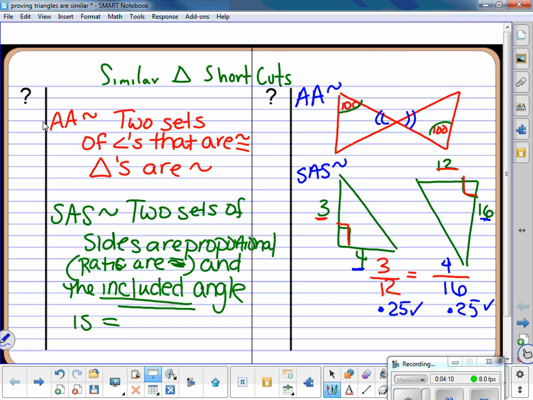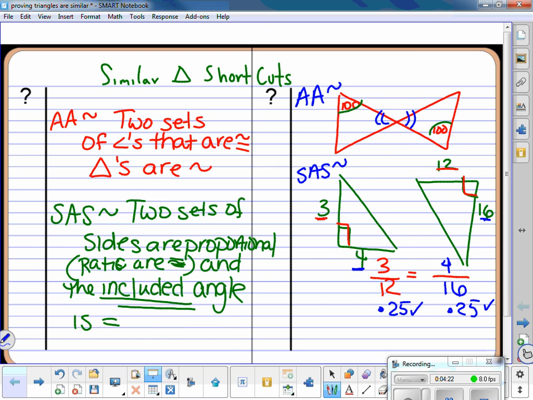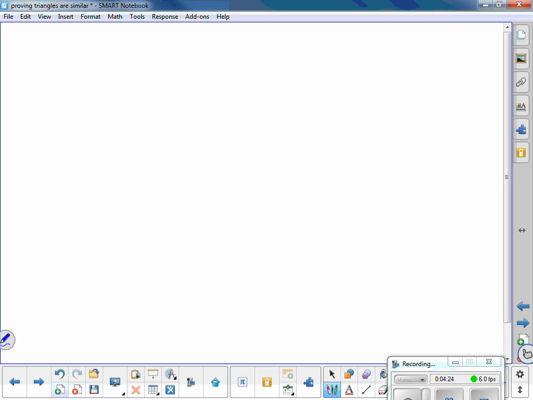The third one, and you all probably are able to write this on the same page, I can't, so I'm going to switch pages. Oops, let me put it on a blank sheet. It is side, side, side similarity, okay?